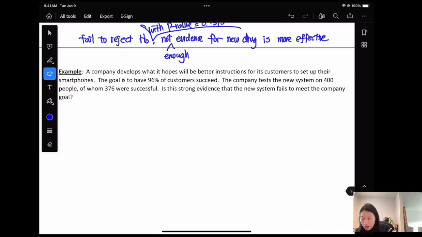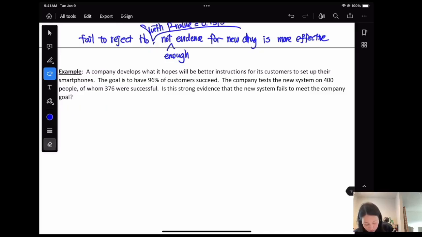All right, so what is the null hypothesis? That's our step 1, to determine our null and alternative hypothesis. The null hypothesis is the current, what we want, something like that.